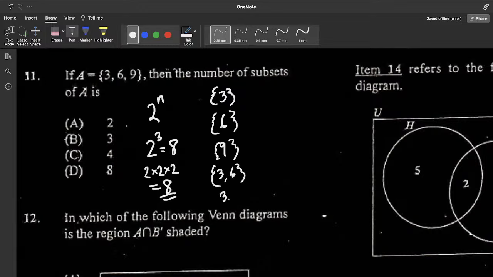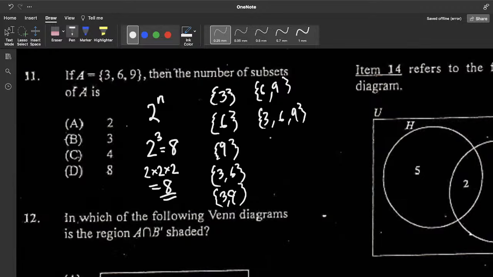We could have 3 and 9. We could also have 6 and 9. And remember, 3, 6, and 9 is also a subset of itself. So 1, 2, 3, 4, 5, 6, 7.